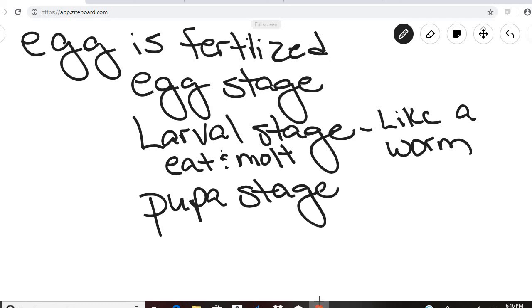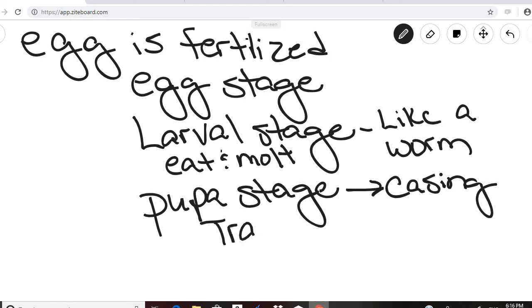They will form some kind of casing around themselves, and while they are in that pupa stage, they go through a transformation, and then they will emerge in their adult form.